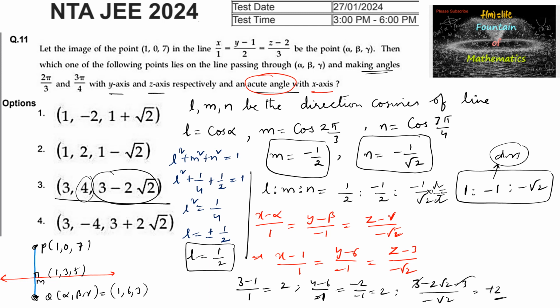So we got 2, and here also 2, and here also plus 2. So we can confirm that option C satisfies.